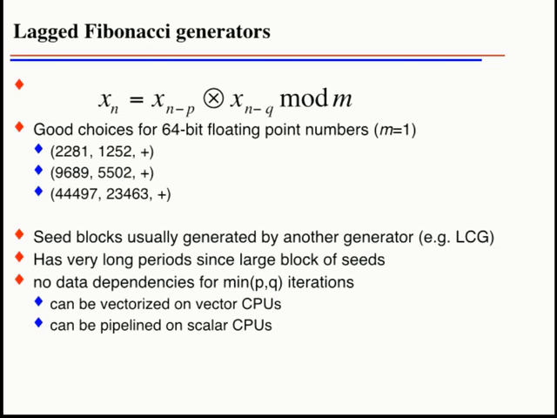To do so, you usually initialize your generator with a linear congruential generator that we've seen before. It's also a very good random number generator because you can implement it efficiently. On vector machines, you can use vectorization and pipelining, and compute many numbers in parallel if you want a sequence of random numbers.